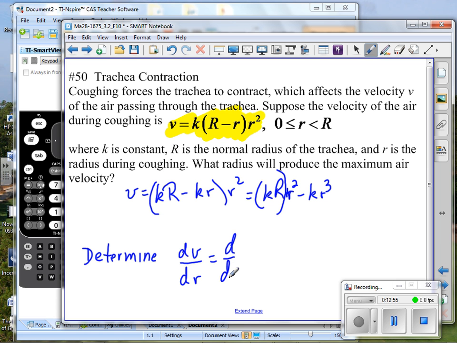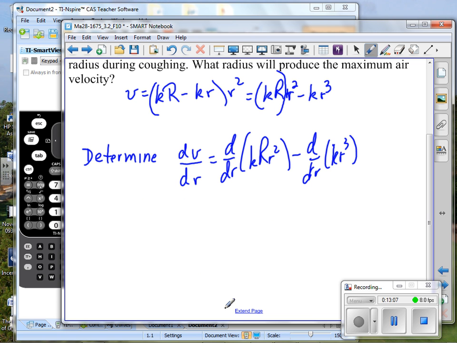Derivative with respect to r of K capital R r squared minus the derivative with respect to r of K r cubed. Now you might say, but I'm going to have to use implicit differentiation. Well, not really, because it tells us that those are constants. And again, it's just like putting a 2 in front of the r squared and a 5 in front of the r cubed. We don't have to go quite that far.